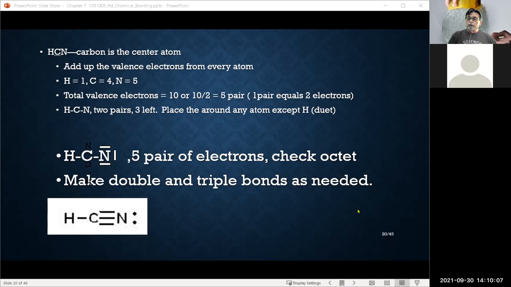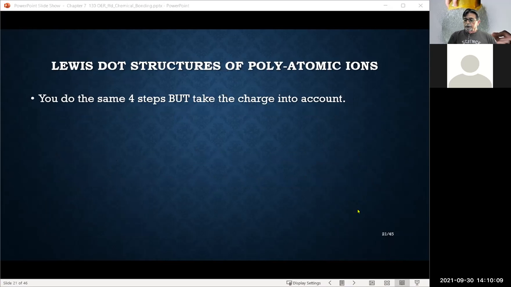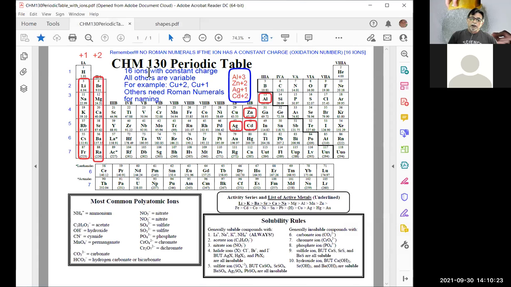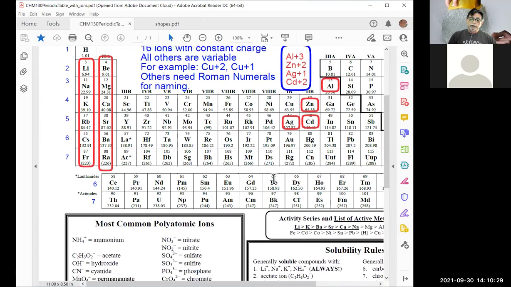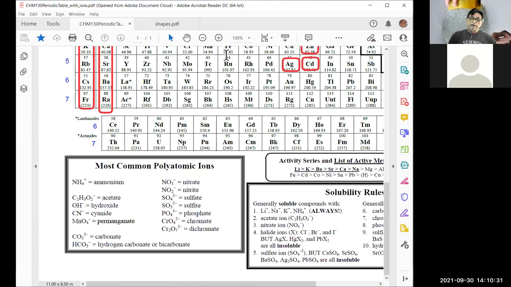All right, now we're not going to do it now, but next time we're going to talk about the Lewis dot structure for polyatomic ions. What exactly is that? Well, I want you to take your periodic table and look down here in the bottom left corner of the periodic table. And it states in there a name, most common polyatomic ions. These have charges.